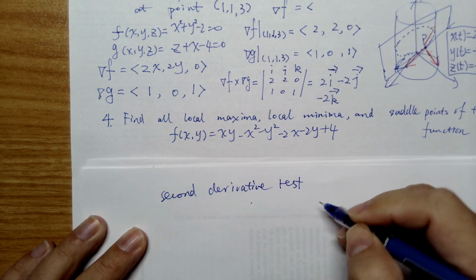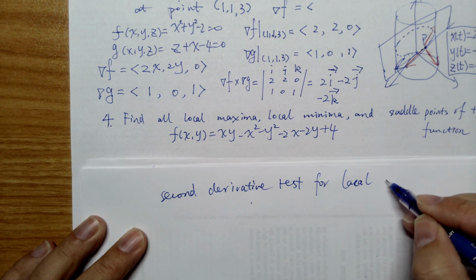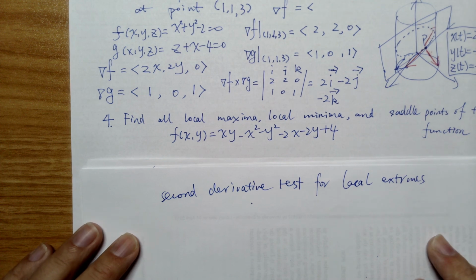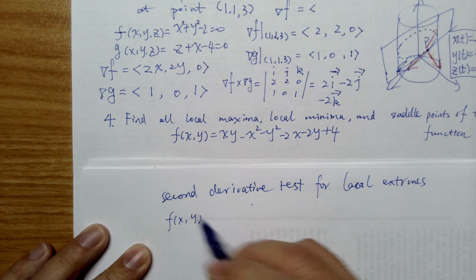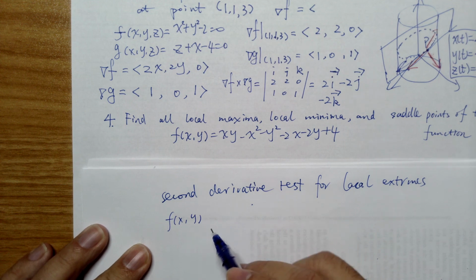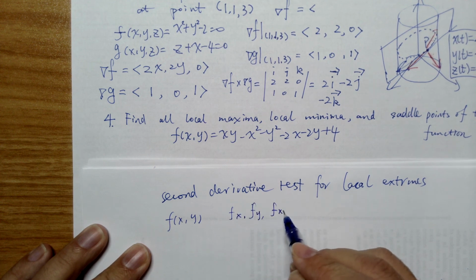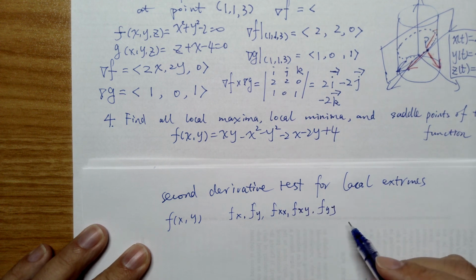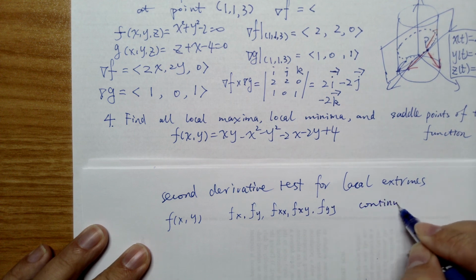Basically what it says is, if you have a function, and of course the first and second partial derivatives are continuous at a point, so those are continuous. Okay.